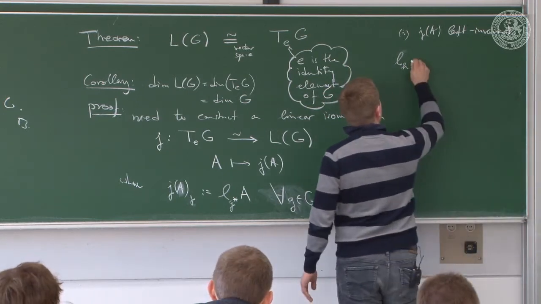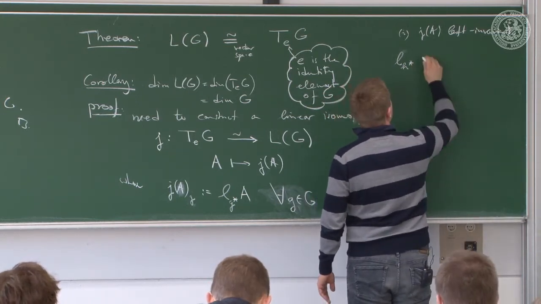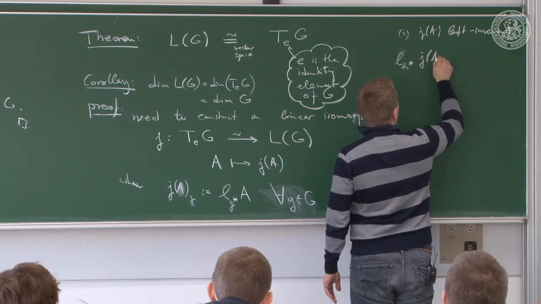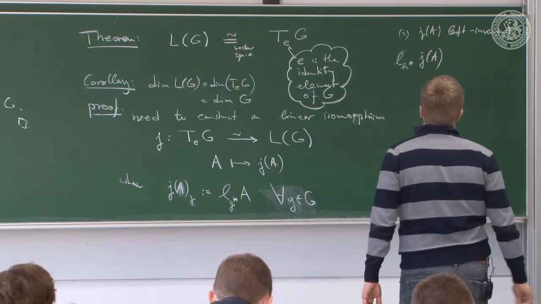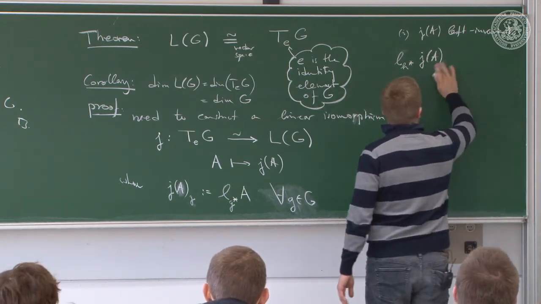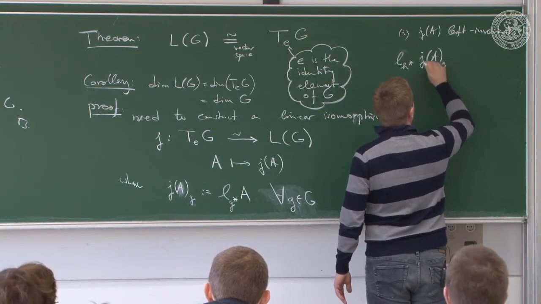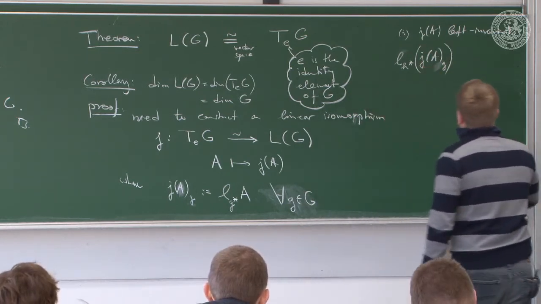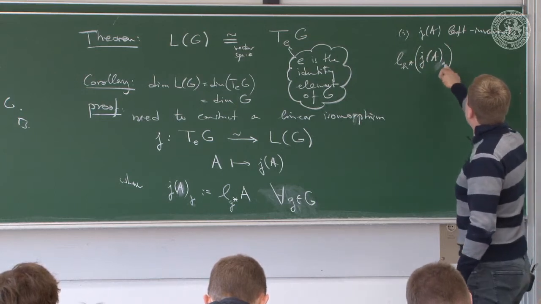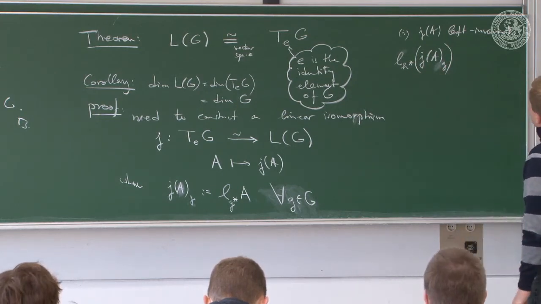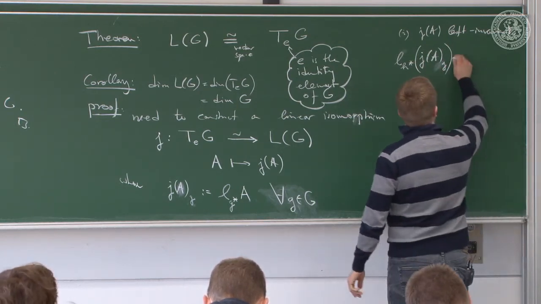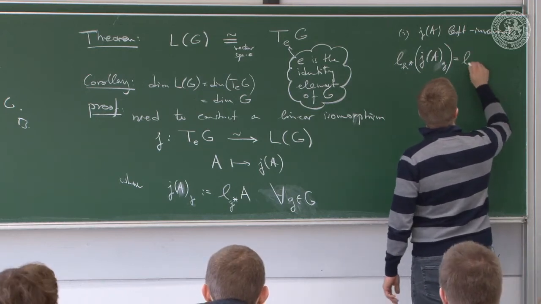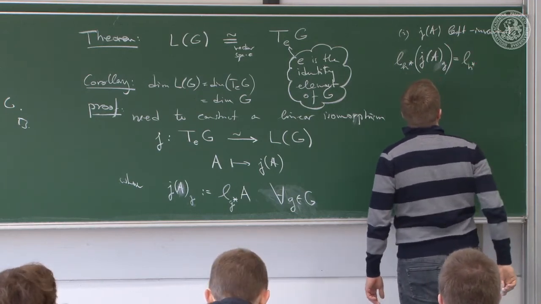L_H pushes J of A at the position G, and I want to show that that is J of A at position HG. So how do I do this? Well, I plug in what this is. This is L_H push forward.